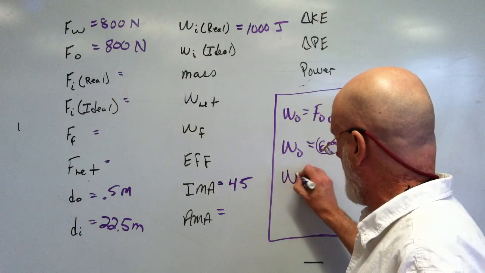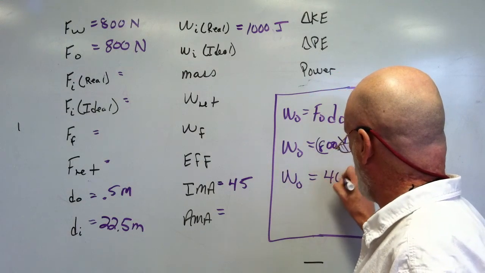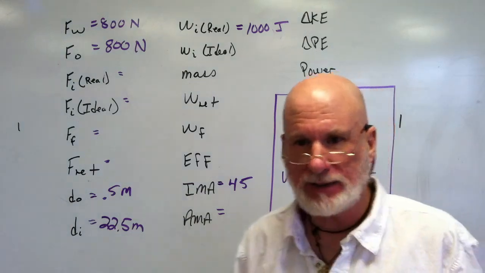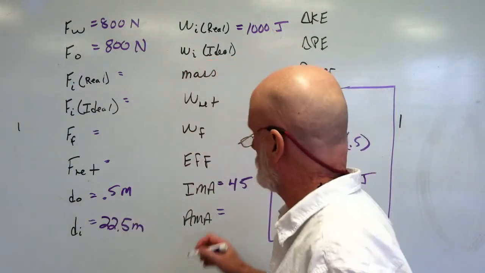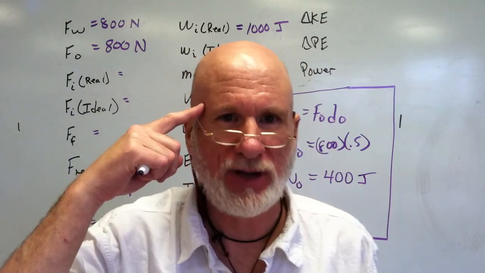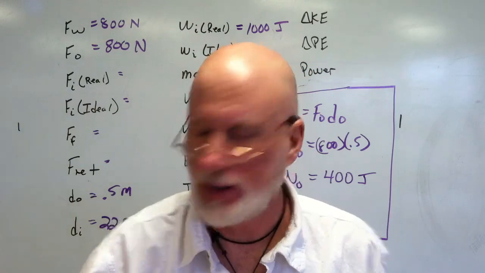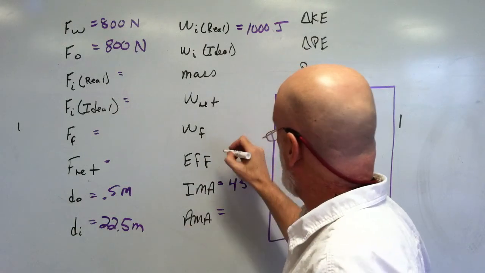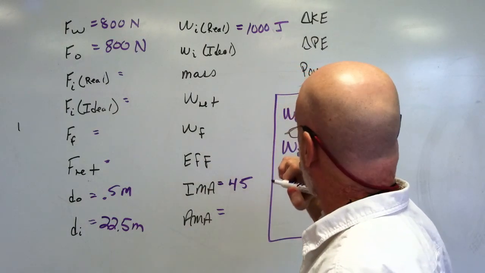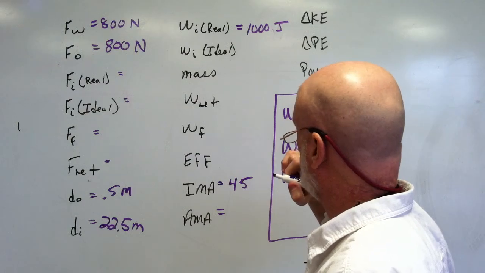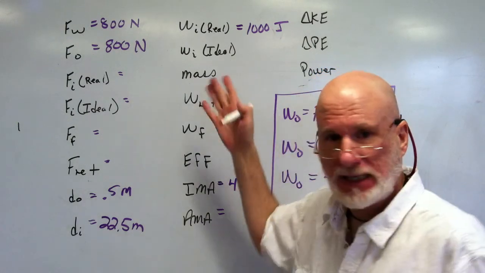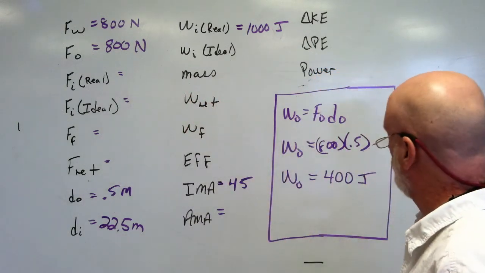So the work output equals 400 joules, right? Isn't that correct? The work output is 400 joules. Okay. So work output, where's that? Do I have work output? Yes, 400 joules. I know that, but is it listed on our table?